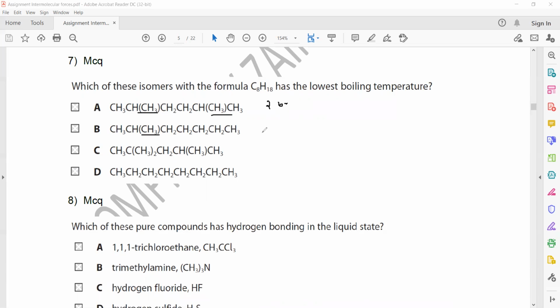This has only one branch. This has two here and one, so three branches. And this is a straight chain, so zero branches. We know the boiling temperature and the branches are inversely proportional. If we have more branches, the boiling temperature will be lower, so the lowest will be C, which is the right answer.